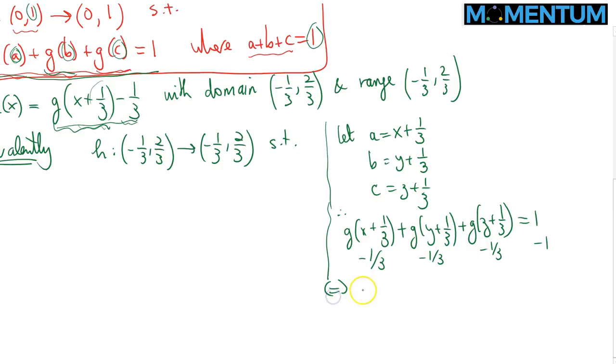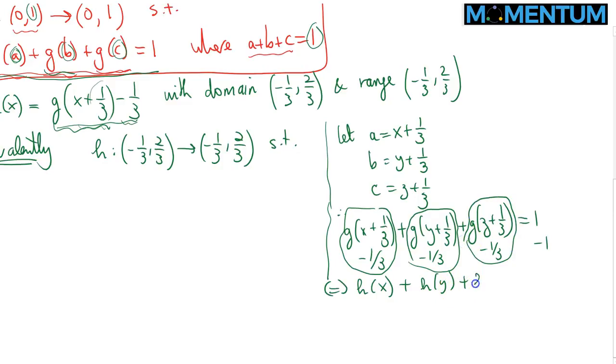So this is equivalent to, have a look at this expression. This is simply h of x plus h of y plus h of z, which is equal to 0. And how about the condition?